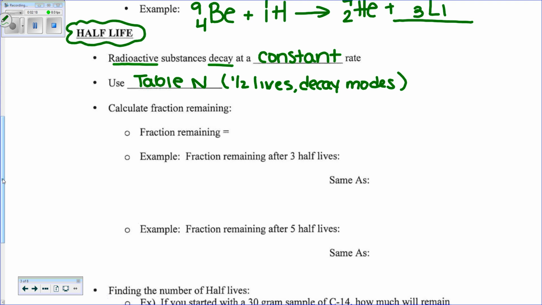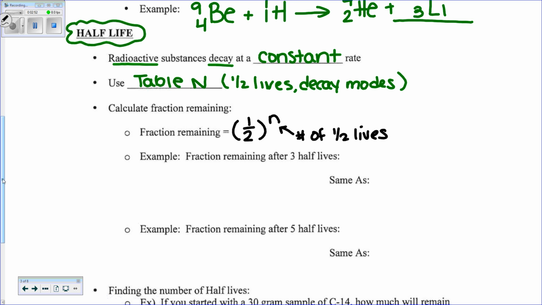But to calculate my fraction remaining, I just am always going to do 1/2 raised to the n, where that n is going to represent our number of half-lives. So n is our number of half-lives. So our fraction remaining, that should actually be written right down here. So that's how I get my fraction remaining.